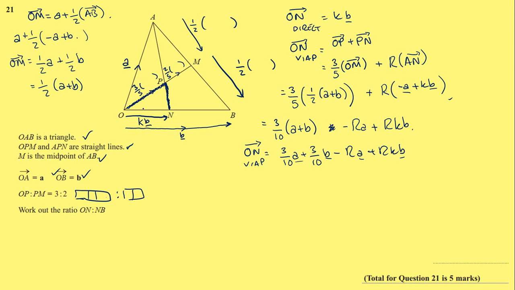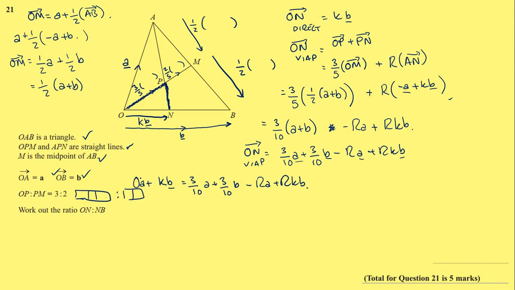Now this journey here, going direct, gives me the exact same vector as going on this journey here. So what I can do is say that those two journeys must be equal to each other. KB is going to equal 3/10 A plus 3/10 B minus R of A plus R of K of B. Now look here, on this side, how many A's do I have?